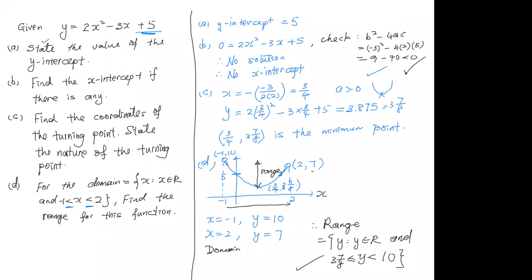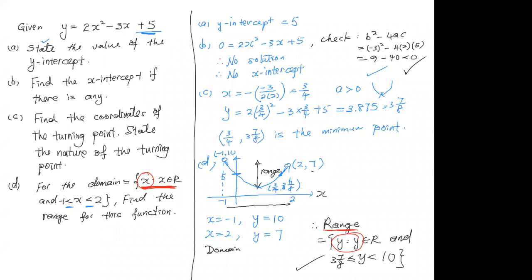Miss, sorry, I don't really understand the domain and range. What do you mean by you don't really understand what is a domain and range? I'm not sure what numbers you have to put for range. You see, when I say domain, I give you the value of what? X. When I say range, I give you the value of what?